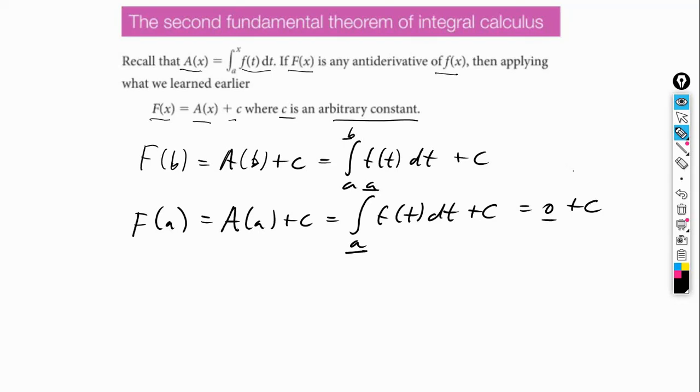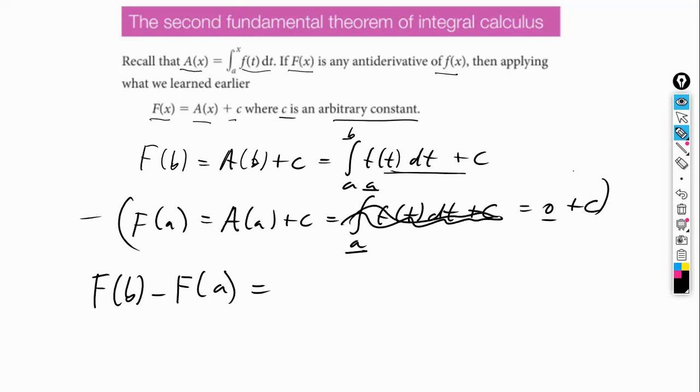So then if we subtract these two expressions, if I subtract this from the top expression, I'm going to get that capital F of b minus capital F of a, in other words, the antiderivatives, is going to equal the integral from a to b of f of t dt plus c, minus 0 minus c.